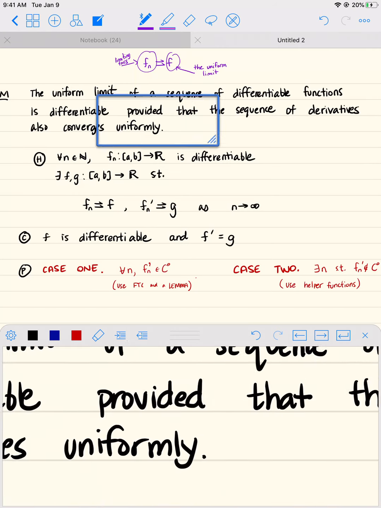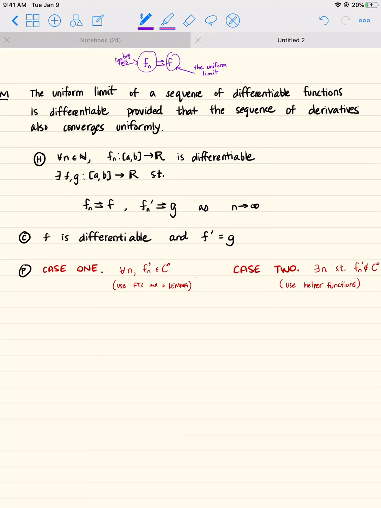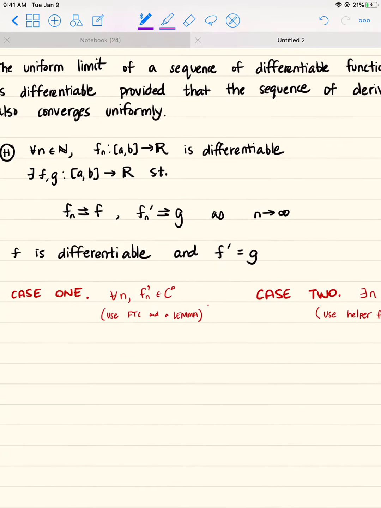So in our statement of the theorem, we're saying the uniform limit of functions that are differentiable will be differentiable, assuming that the sequence of derivatives also converges uniformly.